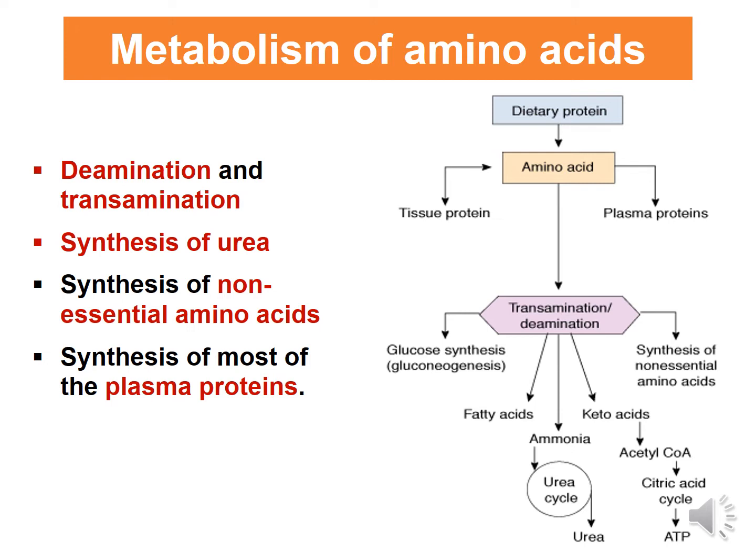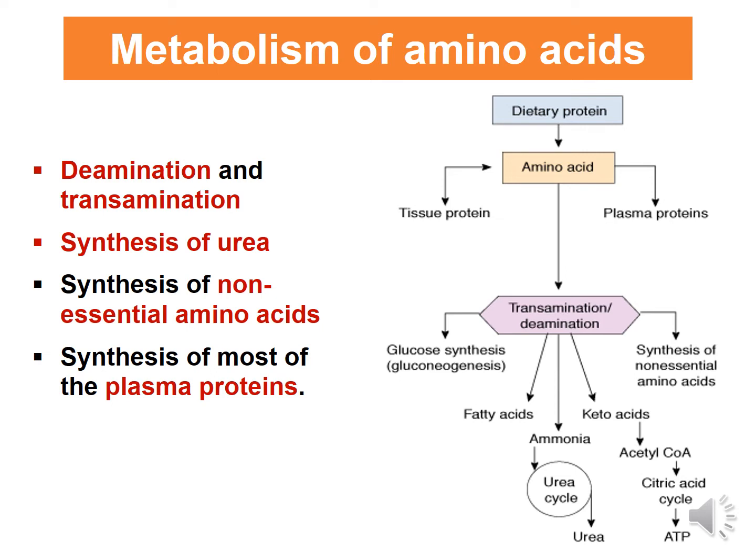A frequent cause of such hepatic encephalopathy in dogs and cats is malformation of the blood supply to the liver called portosystemic shunts. The liver also performs synthesis of non-essential amino acids, and hepatocytes are responsible for synthesis of most of the plasma proteins like albumin. The major plasma protein is synthesized almost exclusively by the liver.